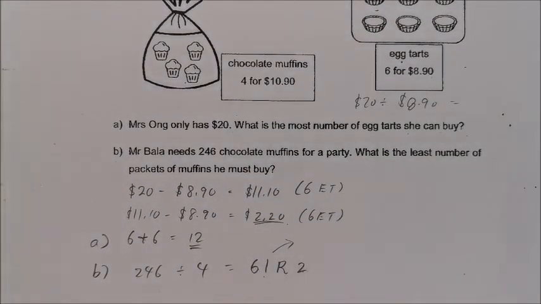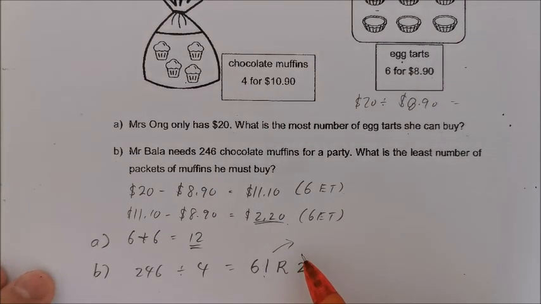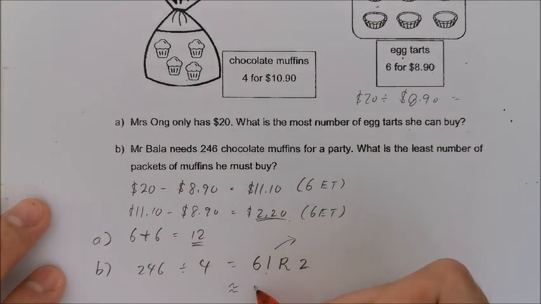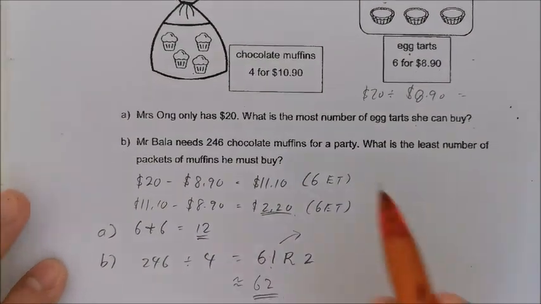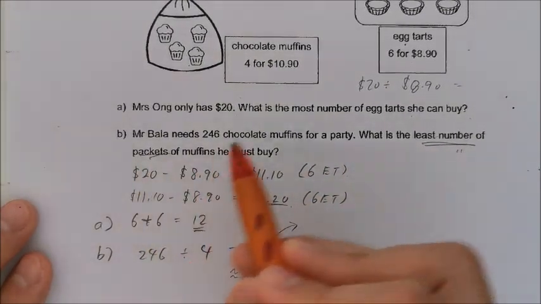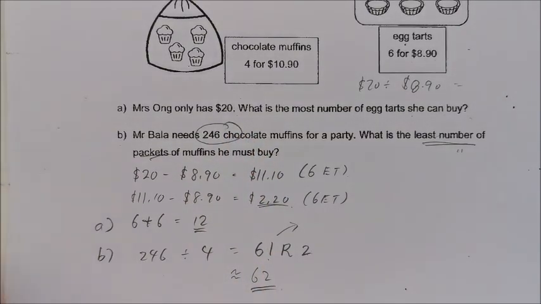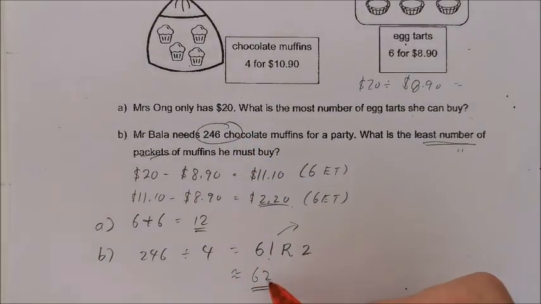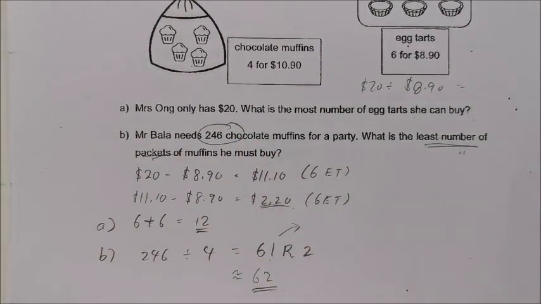You overshoot, and you end up with extra. But if you do not buy the 62nd packet, you are short of 2. That's why the question asks what is the least number of packets in order to fulfill the 246 chocolate muffins. So the answer, remember to add 1 to the quotient, 62 packets.